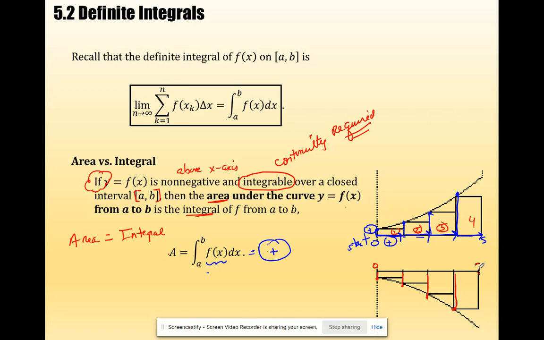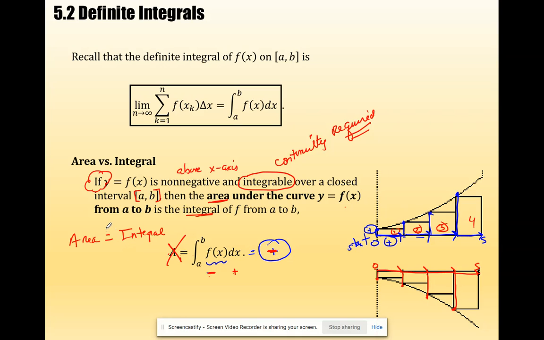Starting at 0, stopping at 5. My function heights are negative. But I started at 0, I'm going to 5. What are my widths? I am moving through the domain in what direction? Positive. What happens when you multiply a negative times a positive? Oh, you get a negative. What happens when you add a bunch of negatives together? You get a negative.